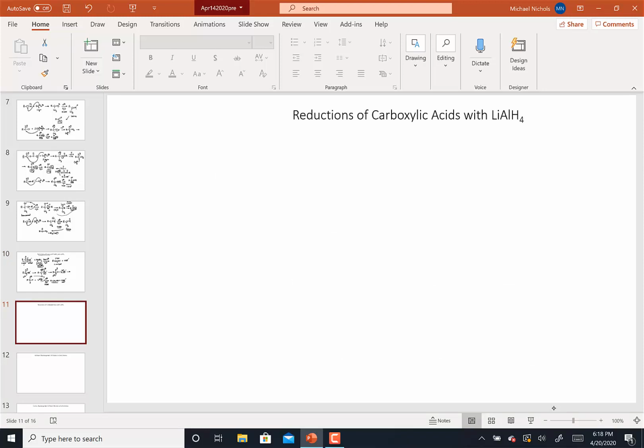Okay. The reduction of the carboxylic acid with lithium aluminum hydride. I think we've talked about this reaction before, but let's talk about it a little bit more. If you react with lithium aluminum hydride, and you need the strongest reducing reagent possible, you're going to end up reducing that carboxylic acid down to the primary alcohol.